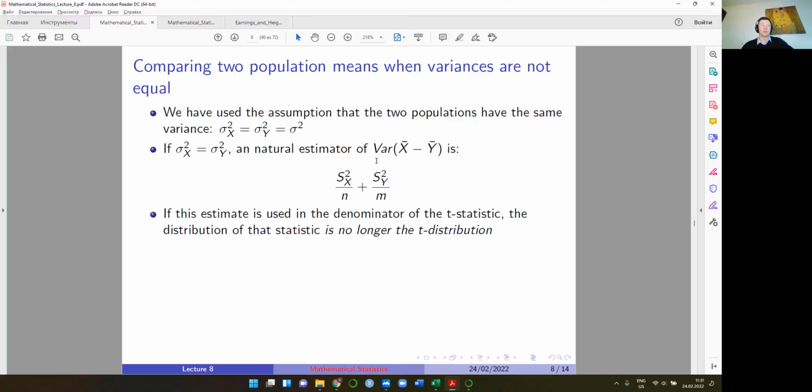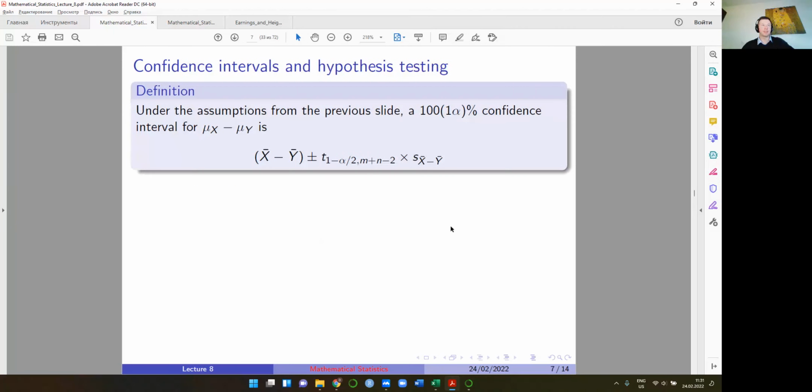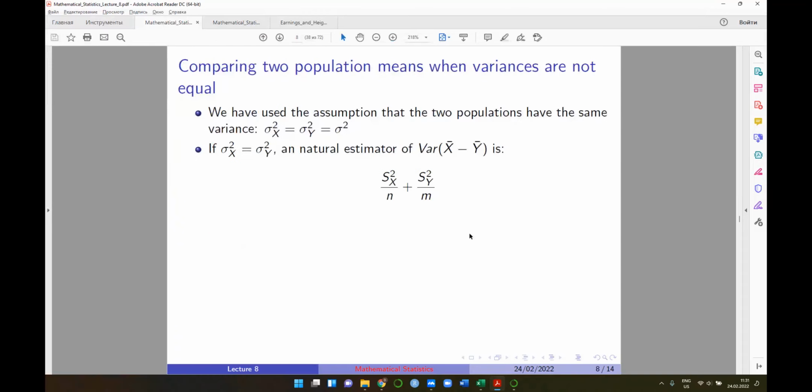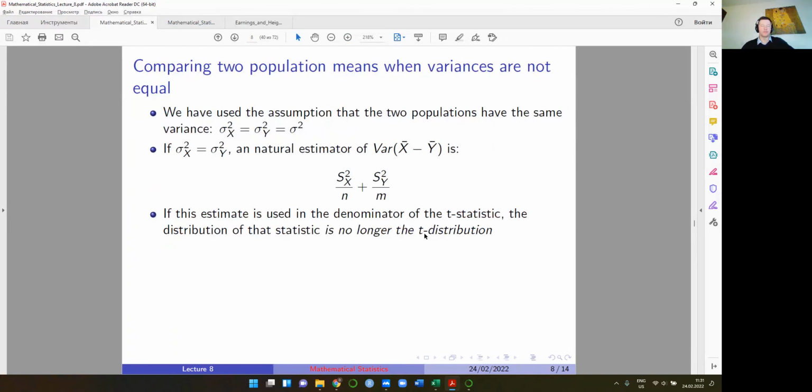If this estimate is used in the denominator of the t statistic, then, once again, this is an extended discussion of the statistics. I don't want to go deep into details, but trust me that the t statistic that we have calculated here does not have a t distribution, unfortunately, but it can be approximated with the t distribution.